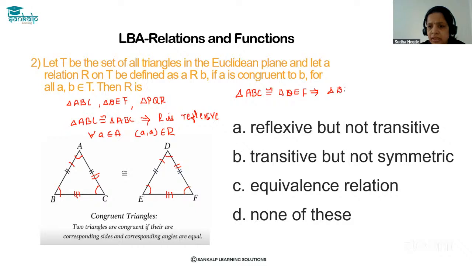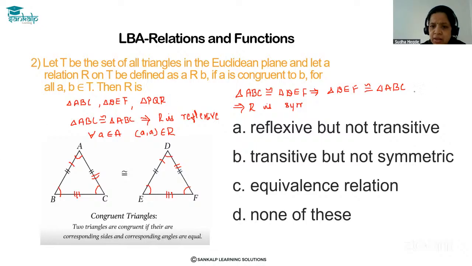Triangle DEF is congruent to triangle ABC. Correct? The corresponding sides and angles of DEF are equal to the corresponding sides and angles of ABC. This implies R is symmetric.